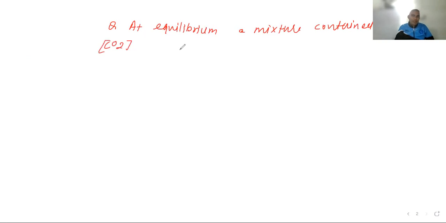At equilibrium, a mixture contains 0.0235 molar CO2. Then they are saying 0.339 molar H2.